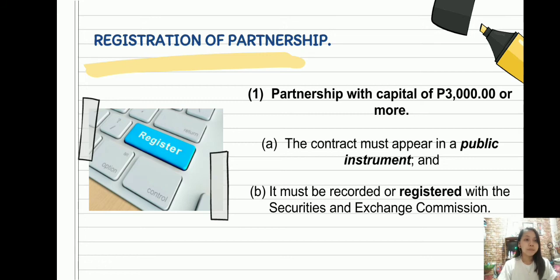But, legally speaking, yung mga less than 3,000, hindi sila required to appear, or their contract is not required to appear in a public instrument, and they are not required to register, but it is recommended for their own convenience na rin as time goes by.